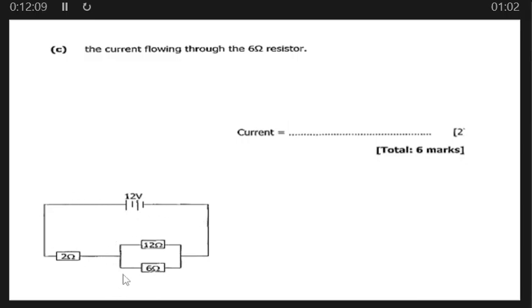So they want us to calculate the current that passes through here. When current 2 amps comes here, some goes here, so they want us to calculate that current which will go here. So for us to be able to calculate that current, we must understand first of all that we need to know the voltage across here, across these resistors in parallel.